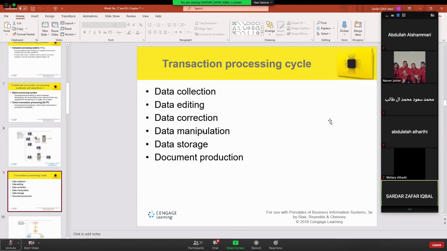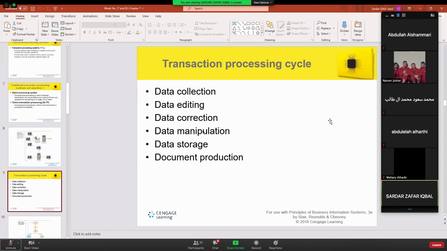If we see the same thing in a flow graph or activity graph, starting from the original data, then you have data collection. Once you collect the data, you need to clean the data. So you will find out whether it is good data or bad data. If it is bad data, then of course you will go back and collect the data again. But if it is good data, you can make use of it.